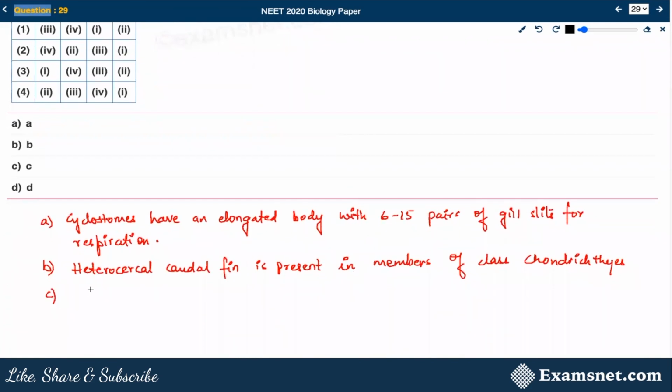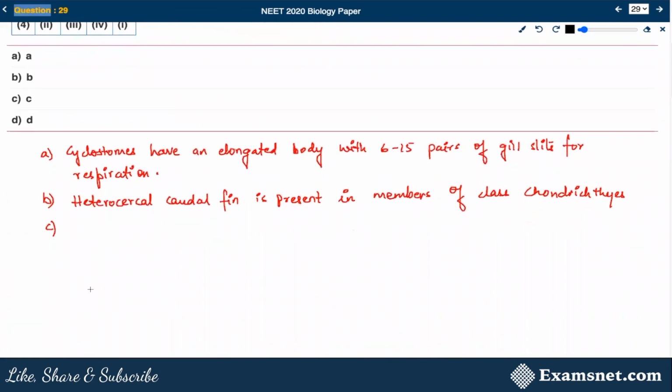The function of the air bladder is that it helps in regulating the buoyancy of the fishes, so that they don't have to swim constantly to avoid sinking deep inside the seas or oceans.